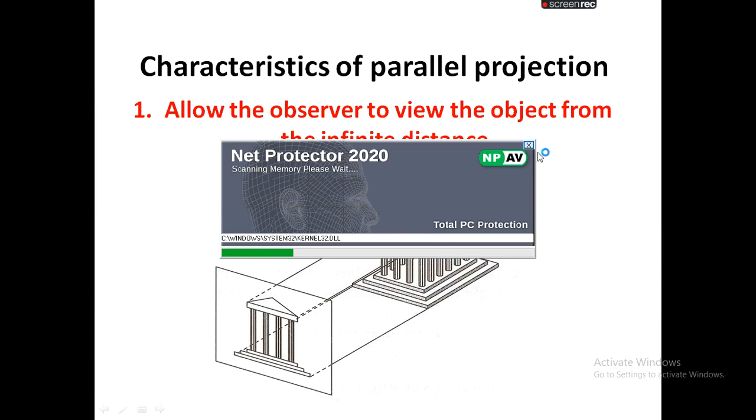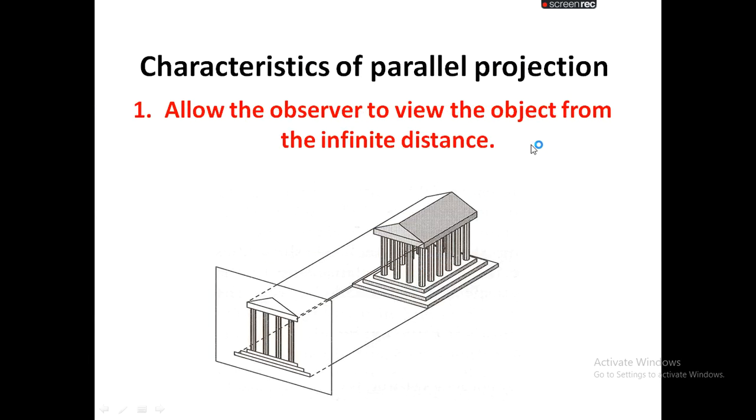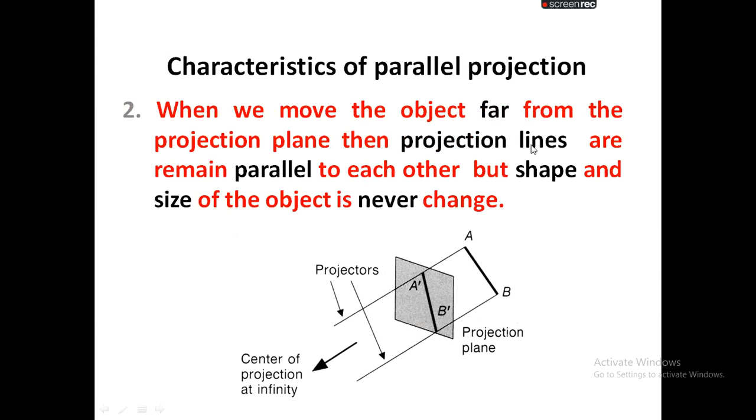Next property. When we move the object far from the projection plane, the projection lines remain parallel to each other, but the shape and size of the object will never change. This is one of the beautiful properties of parallel projection.